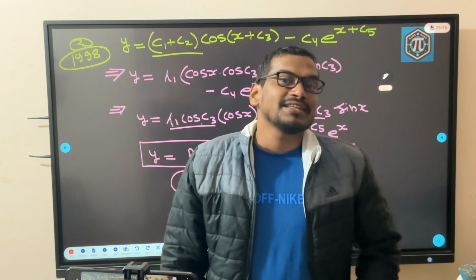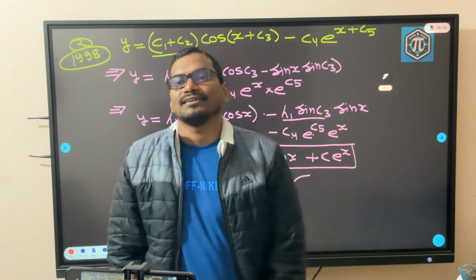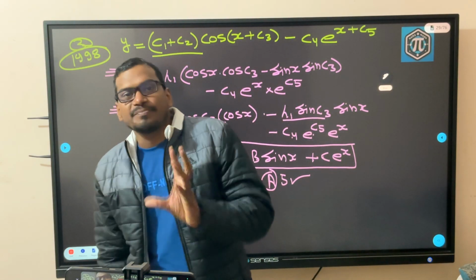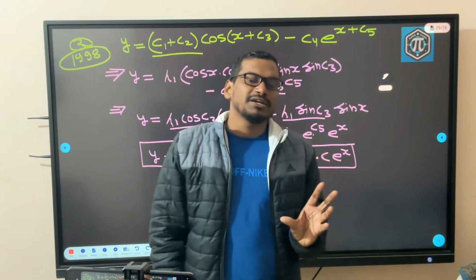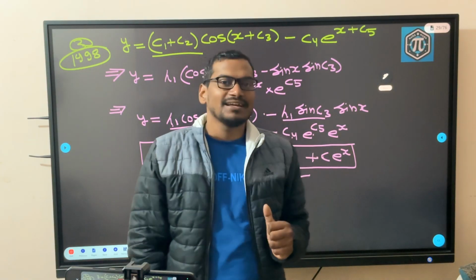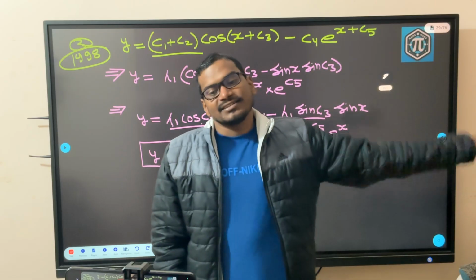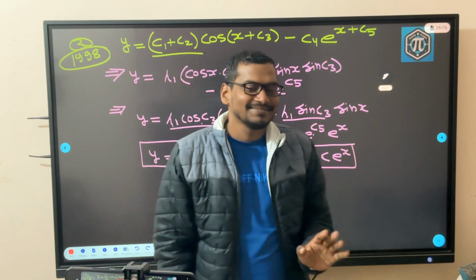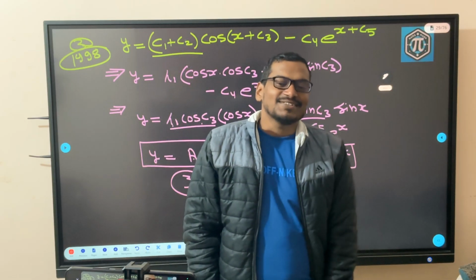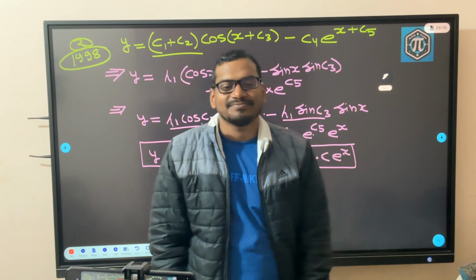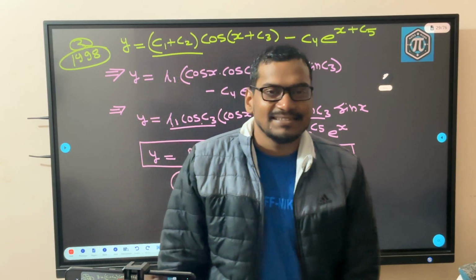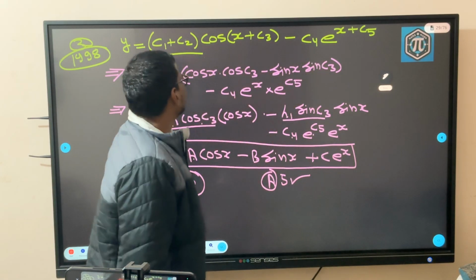So A option they are putting very intelligently. Like, what is the most basic fundamental mistake students do? They will do that mistake, and after doing that mistake, whatever answer comes, that answer is put in the A option. Okay, so always be careful, beta. Yes. So this question is clear now.